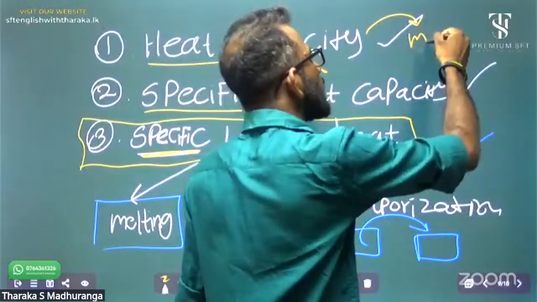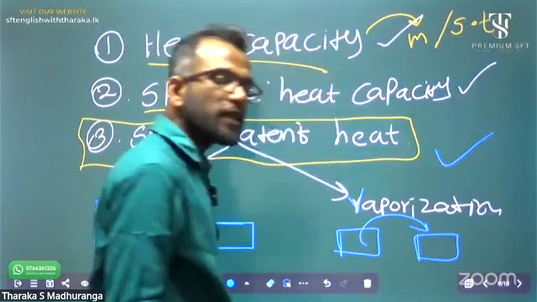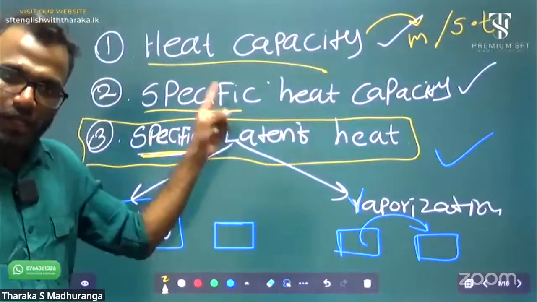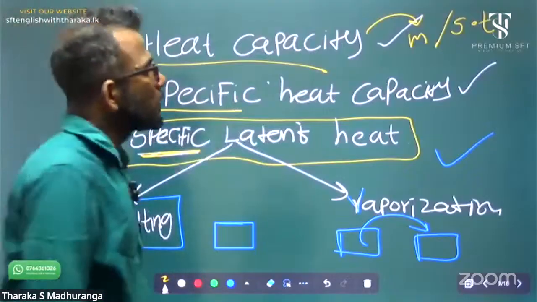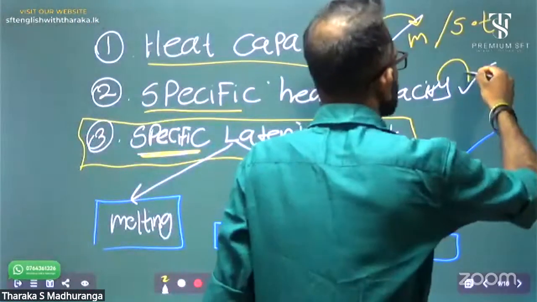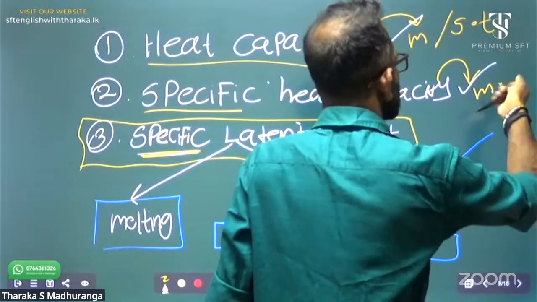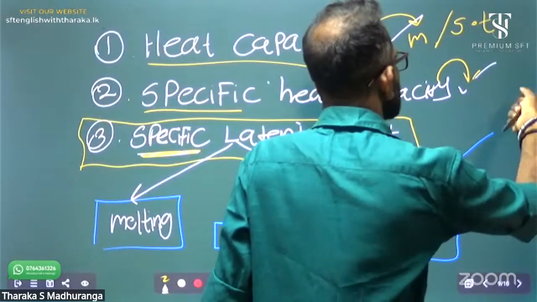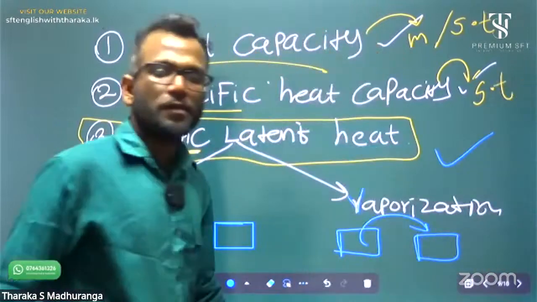Heat capacity depends on mass and material type both, but specific heat capacity only depends on material type or substance type. Specific heat capacity only depends on substance type.